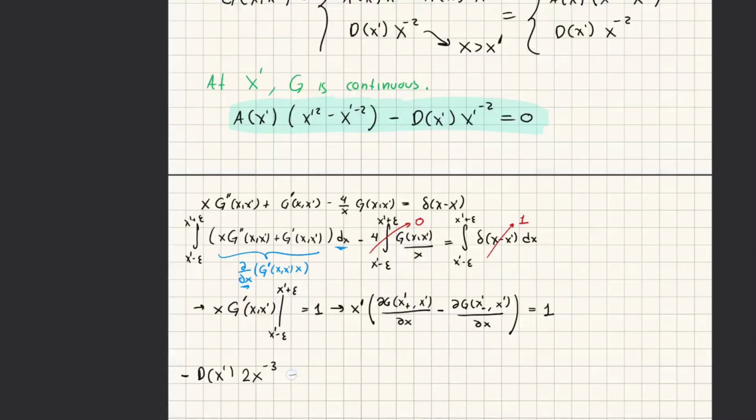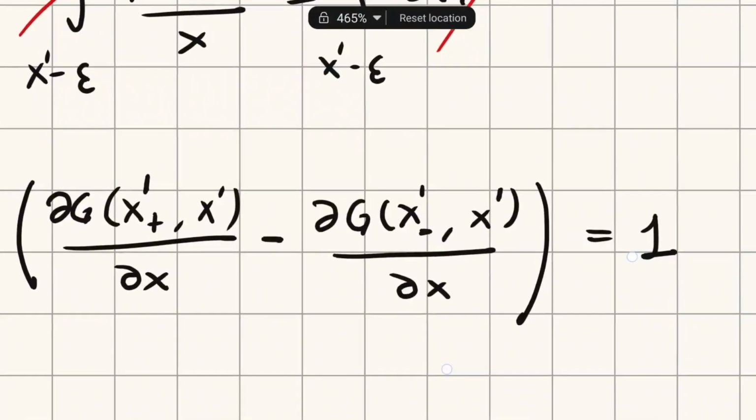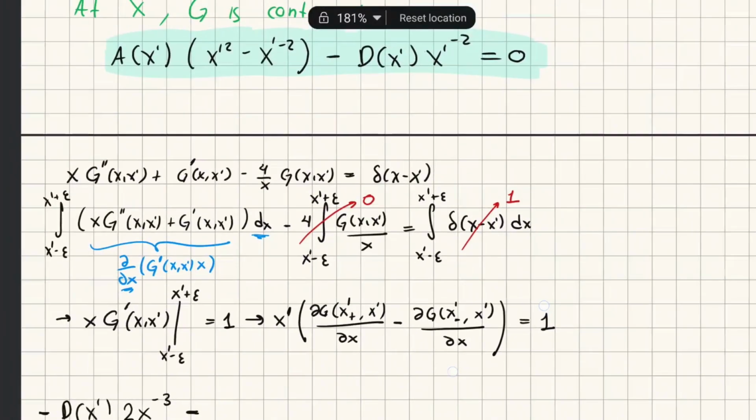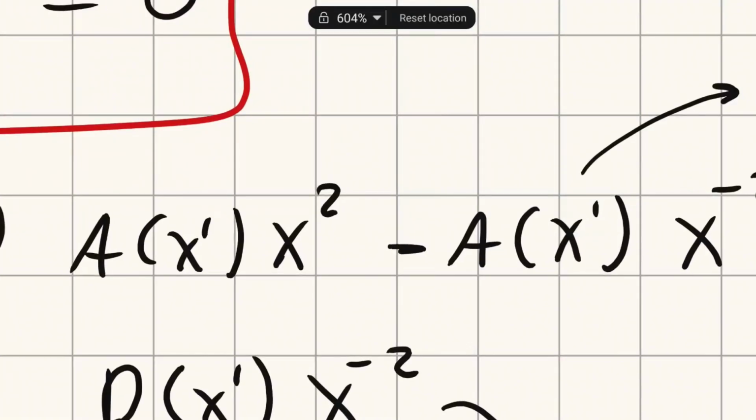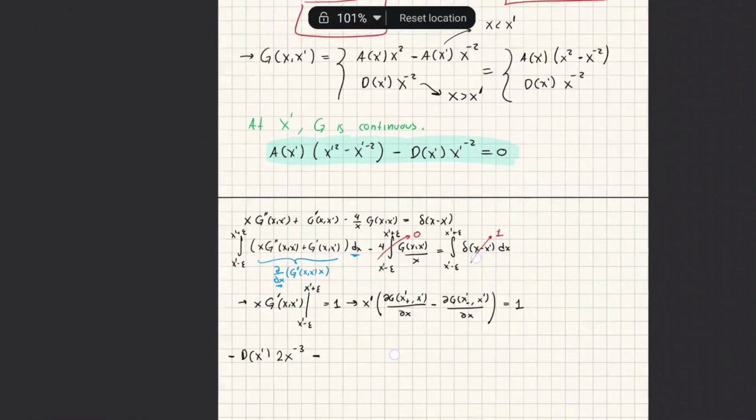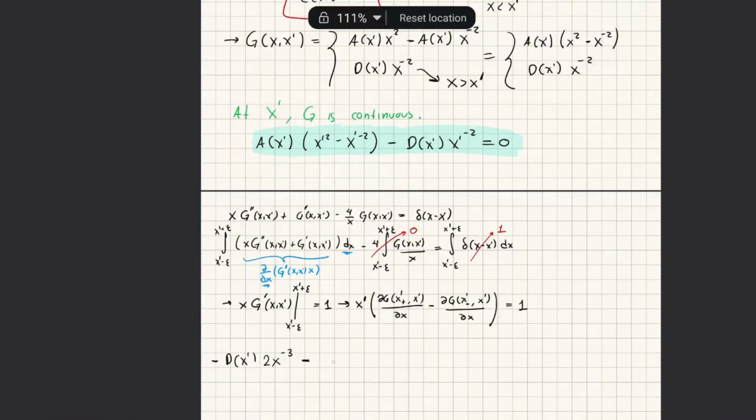Okay. And then minus the derivative with respect to x of g, but from the left, right? So in this case, we need to take this expression for g and evaluate it at x prime. So it will be minus a of x prime 2 times x. Let me evaluate at the end, right? Okay, so then it will be plus a of x prime minus 2x to the minus 3.